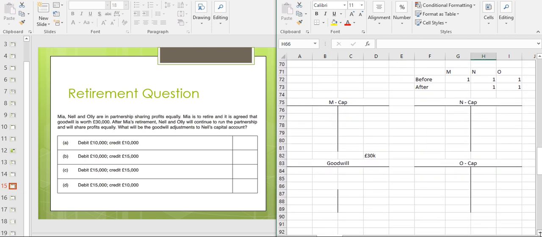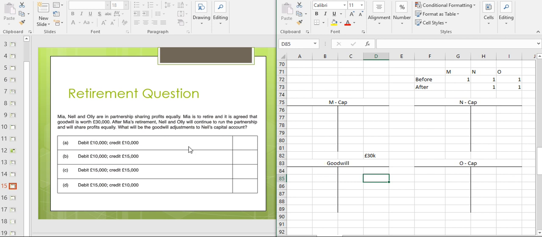So if you're confident now, feel free to pause the video, have a read of the information and draw up capital accounts for all of them, as well as a goodwill account. Do the full question and it'll be nice and easy for you, a bit of practice. So I'm just going to fill in that gap there, and let's have a go at this question.